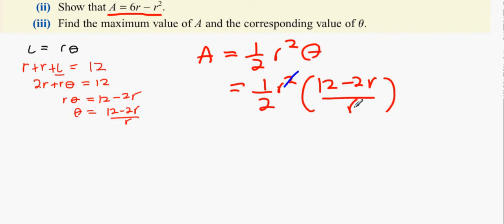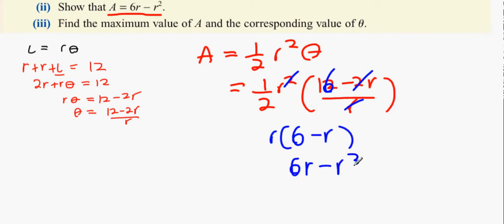This r cancels with this r. 2 into 12 goes 6 times, 2 into 2r goes r times, so we're going to end up with r multiplied by 6 minus r, which is going to get me 6r minus r squared as the area.